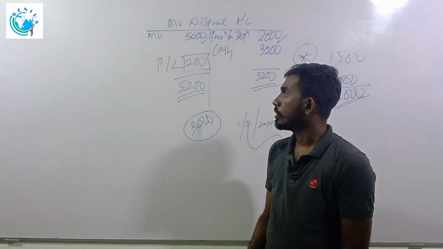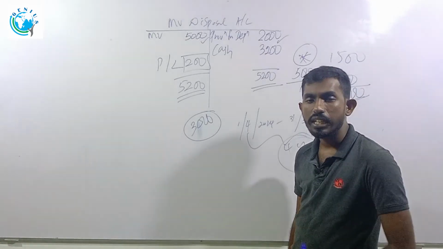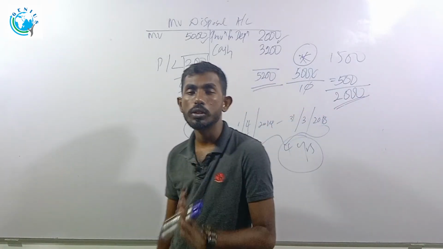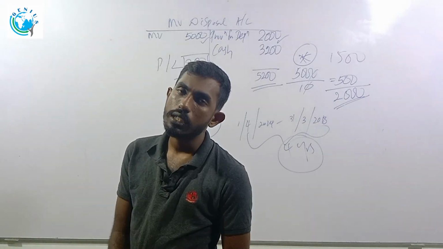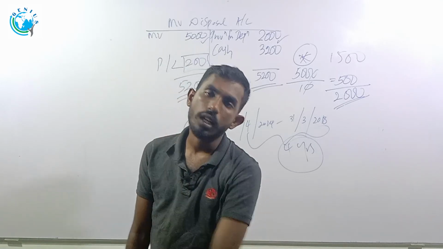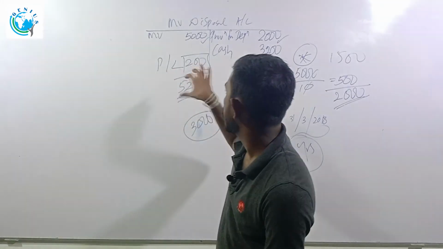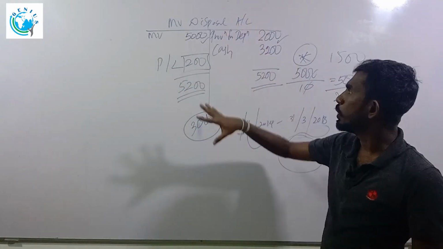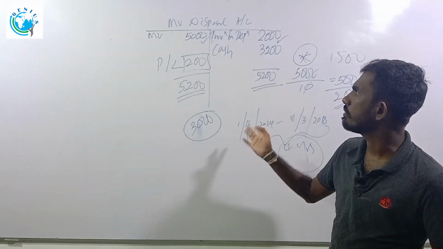So the disposal is a very common question in your paper. Definitely there will be a question from the disposal. Sometimes it may be MCQ, or else it may be an adjustment for the company account. Right. So from that, I think this is about the disposal. There may be some other questions.